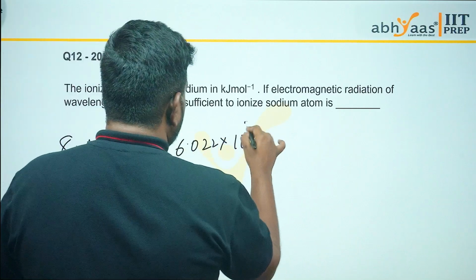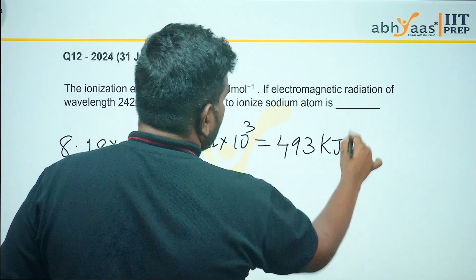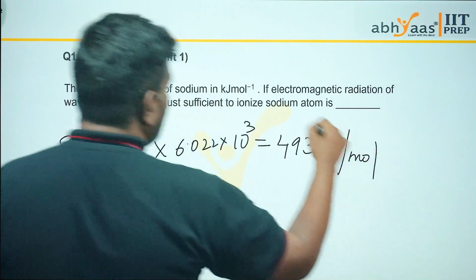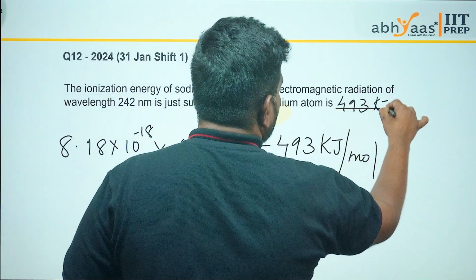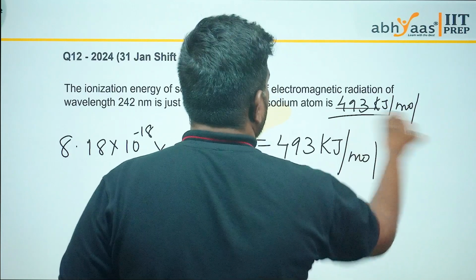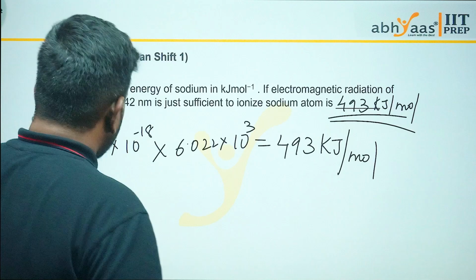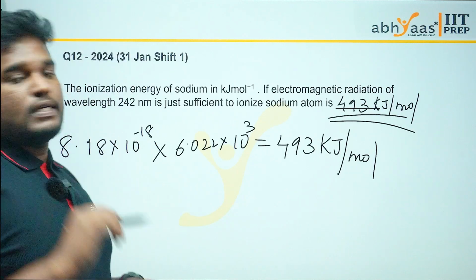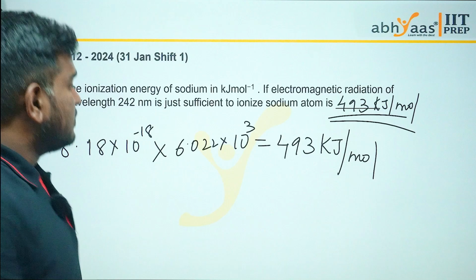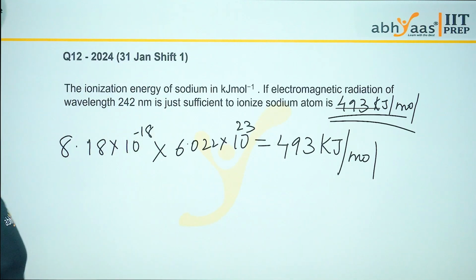So you will get at last 493 kilojoule per mole. So here your answer is 493 kilojoule per mole. What we have done is multiply this energy per atom by one mole of atoms, that is Avogadro's number, 10 raised to 23.